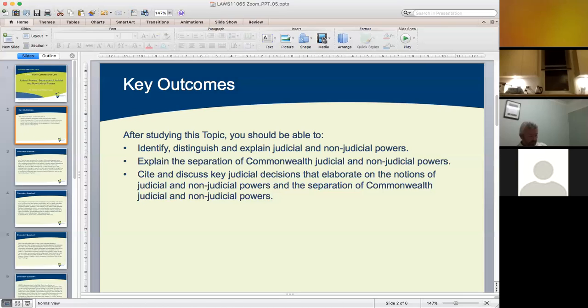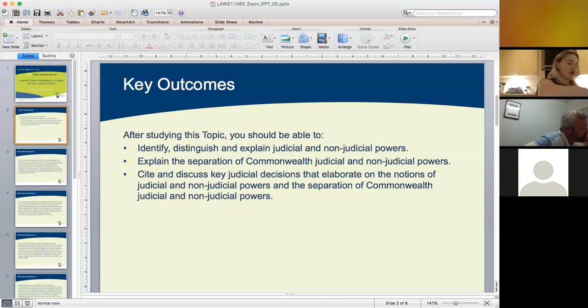Now, if it is a non-judicial power, we will observe later on that it's actually possible for judges of Chapter 3 courts to exercise non-judicial powers in their personal capacity, following the persona designata doctrine, on the assumption that it is with the personal consent of the federal judge, and that the exercise of non-judicial powers by these federal judges in their personal capacity would not be incompatible with their functions as judicial officers.